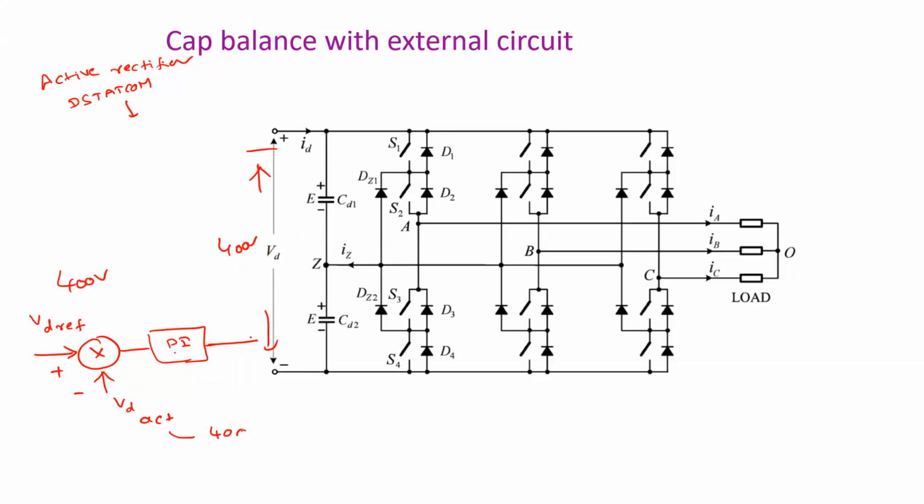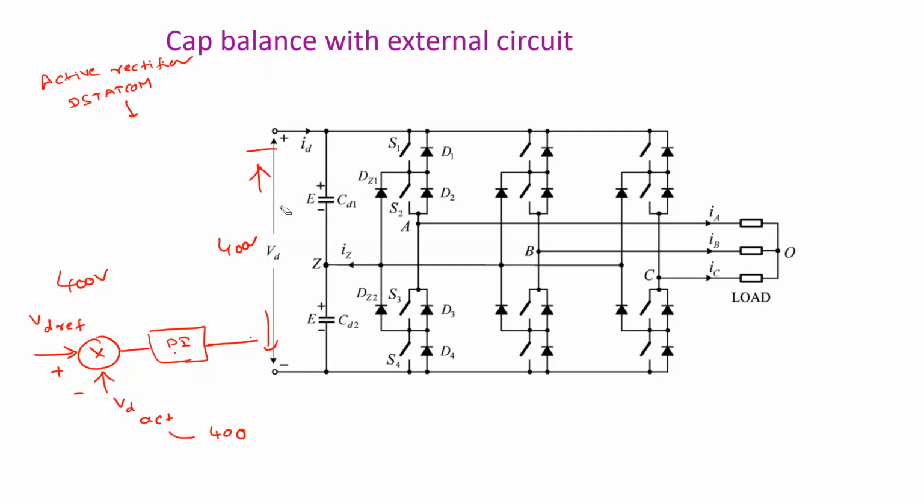But you are not sure whether these two are giving 200 volts and 200 volts. How do we ensure that these two will be 200 and 200?